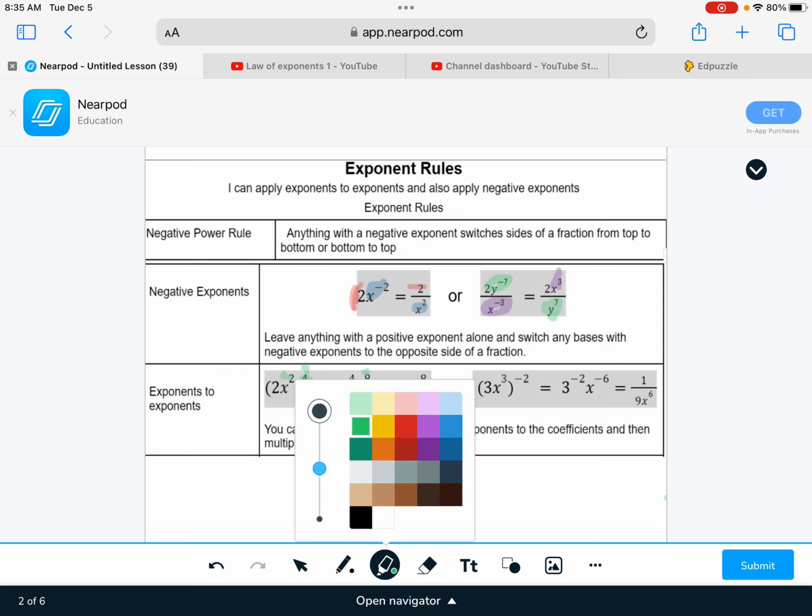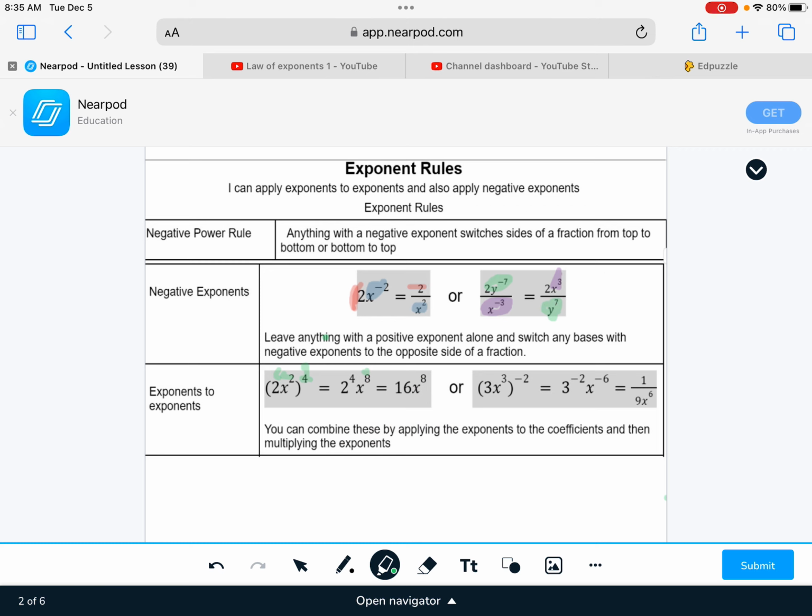But not only that, it goes to this 2 at the front as well. That 2x squared is inside parentheses, so that means everything inside the parentheses gets that exponent applied to it. That's why you see 2 raised to the 4, x raised to the, 2 times 4 to get the 8.